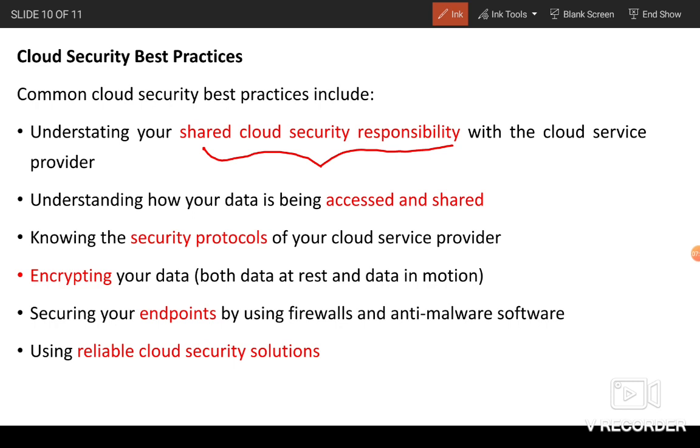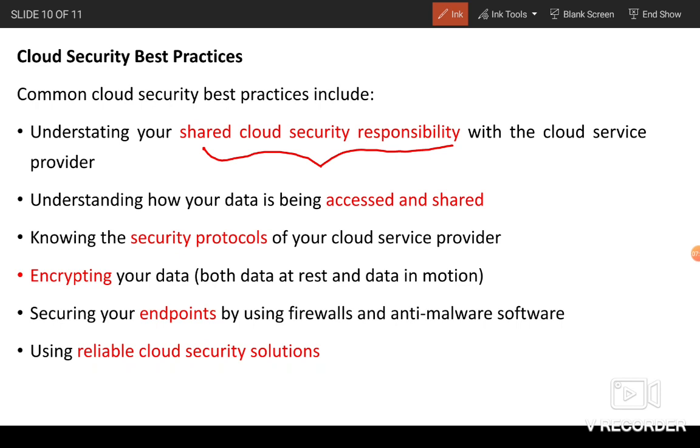That is, as a customer, we also have some responsibility for security along with the cloud service provider. Then we have to understand how our data is going to be shared or accessed. We have to know what security protocols are provided by a particular cloud service provider.